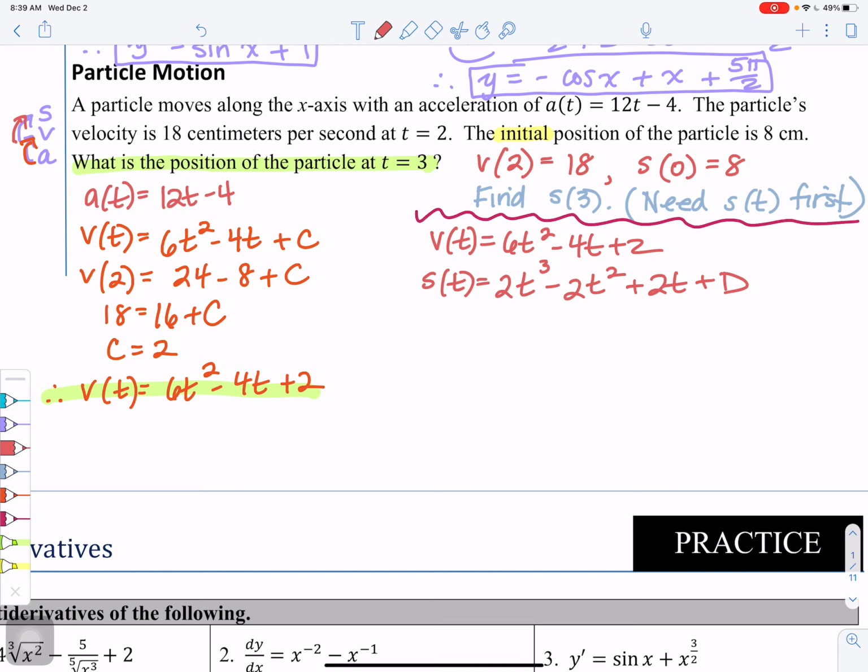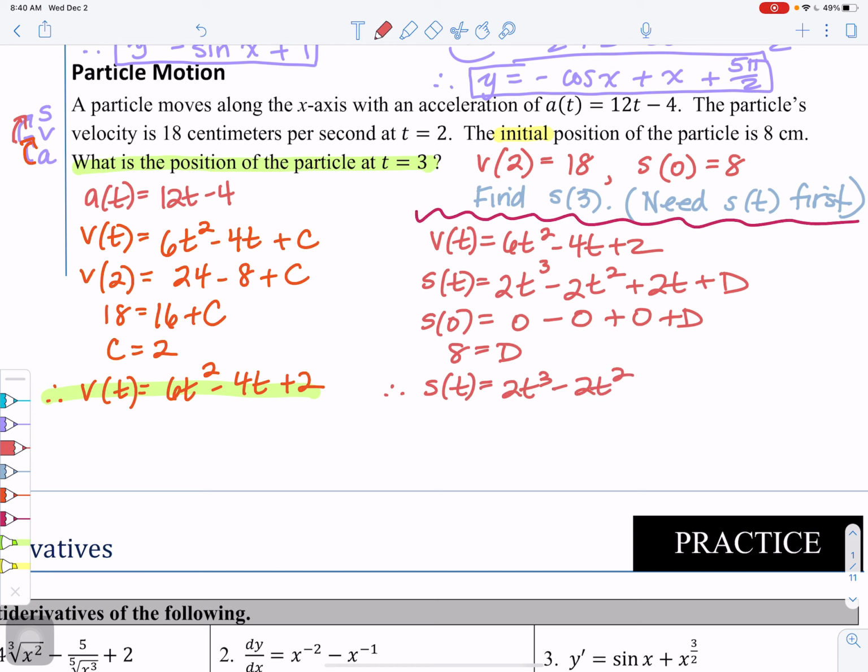We were given that S of 0 is equal to 8, so that's 0 minus 0 plus 0 plus D, so it must be that D is 8. Therefore, S of t is equal to 2t cubed minus 2t squared plus 2t plus 8.